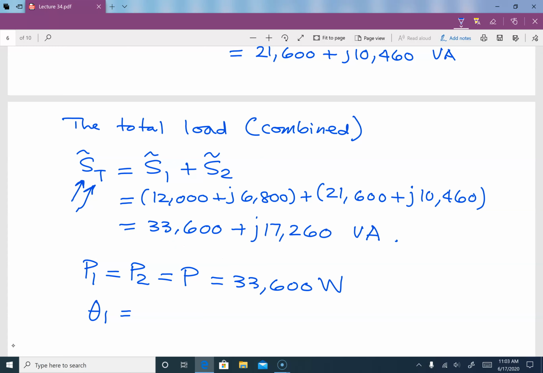If I want to go with converting this to a polar form, we are gonna get 37,774 with an angle of 27.2 degrees. So now our theta 1 is really this angle here. So that is 27.2 degrees.